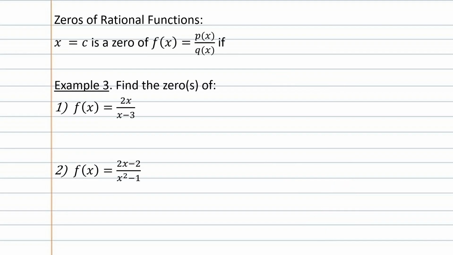All right. Now it says zeros of rational functions. X equals c is a 0 of f of x equals p of x over q of x if... So what is our definition here?